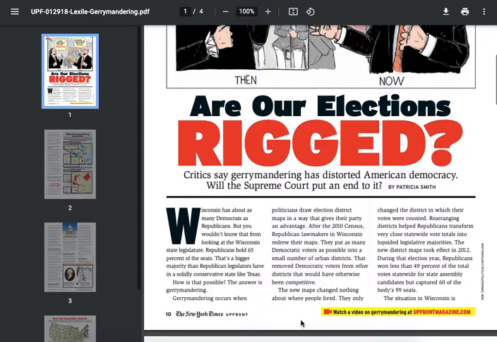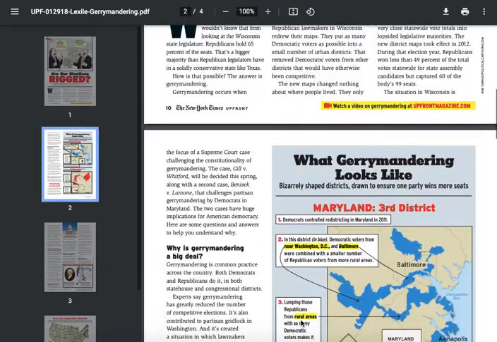The new district maps took effect in 2012. During that election year, Republicans won less than 49% of the total votes statewide for state assembly candidates, but captured 60 of the body's 99 seats. The situation in Wisconsin is the focus of a Supreme Court case challenging the constitutionality of gerrymandering.